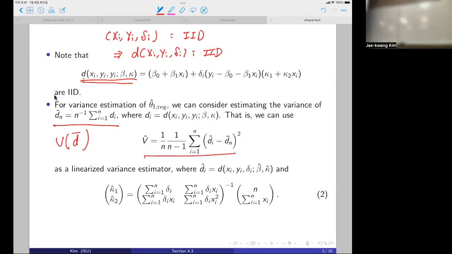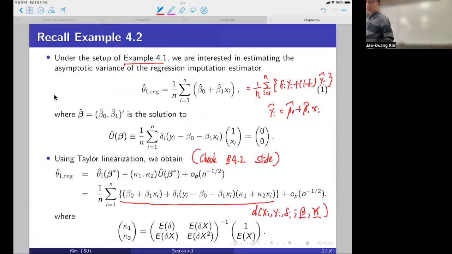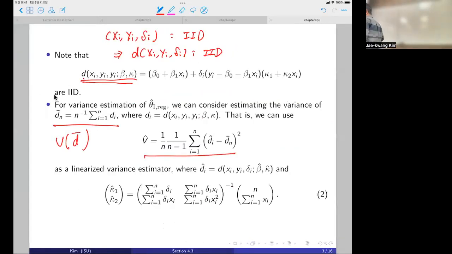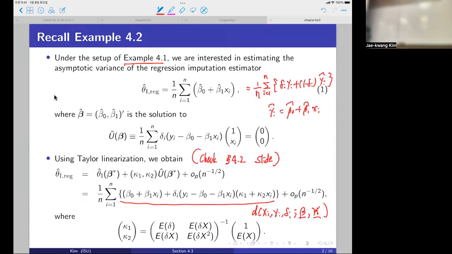So we have two unknown parameters. One is beta, but we know how to estimate it, right? We already have an estimator, so that's no problem. What about kappa? Let's go back to the definition of kappa. Kappa 1 and kappa 2 are essentially a solution to some equation, and this is basically a moment, so it should be easy to estimate from the sample, which is this one.